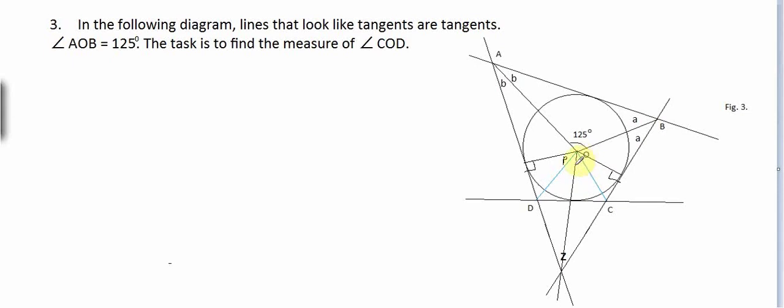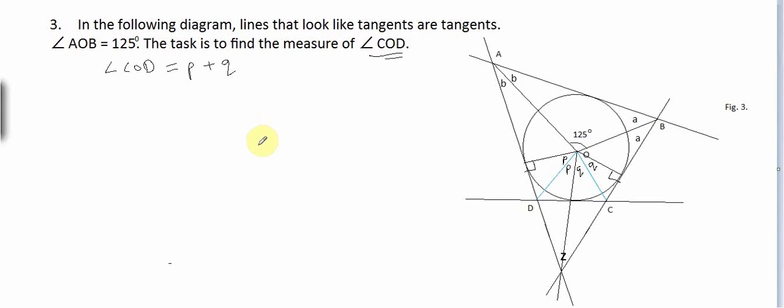So if that is P, then this is also P, and if I name this angle as Q, then this is also Q. So our task of finding the measure of angle COD reduces to measuring P plus Q. So if we somehow find P plus Q, our job is done.